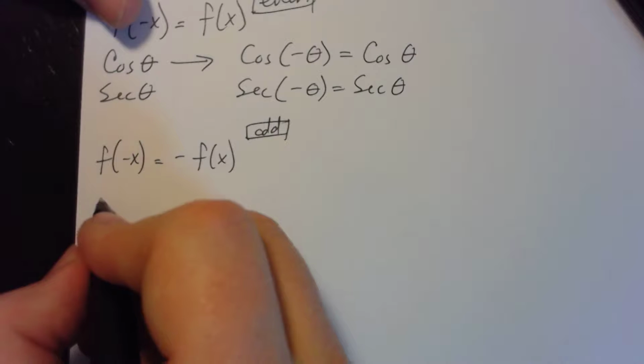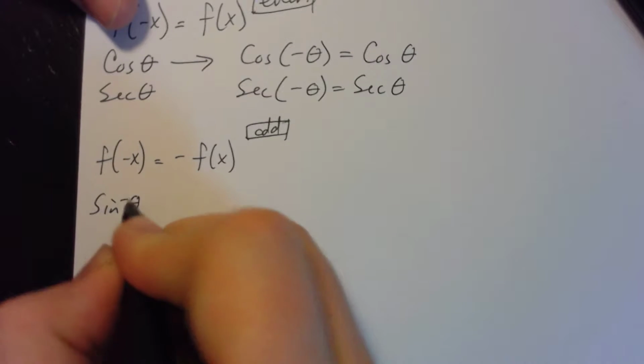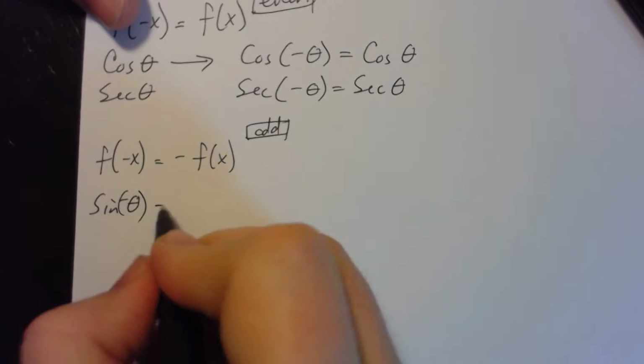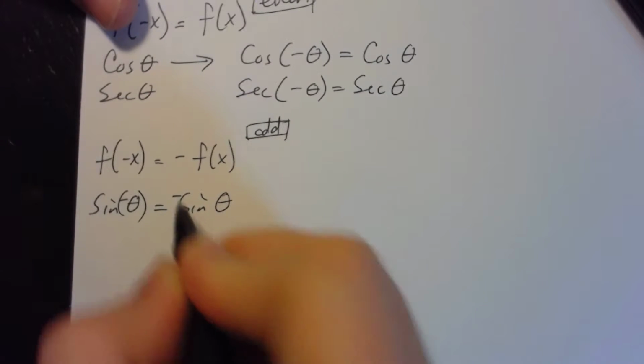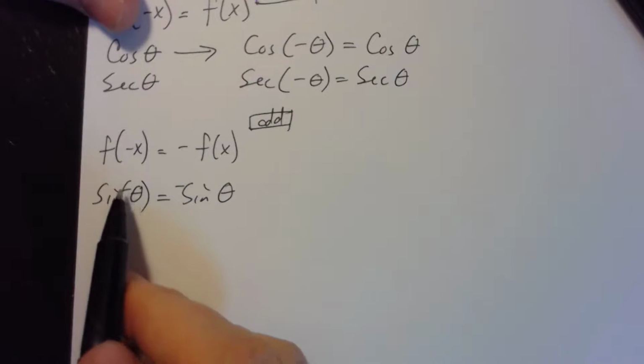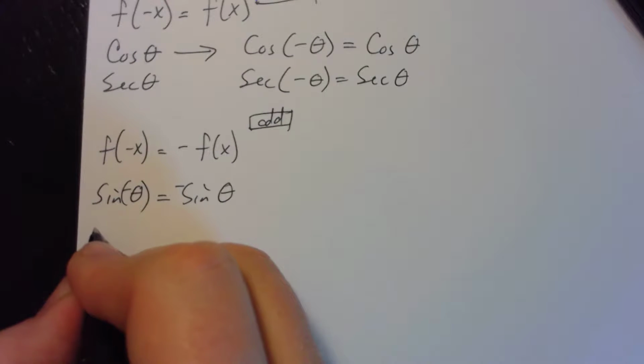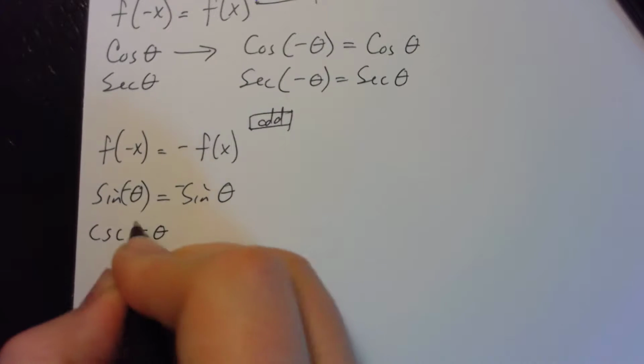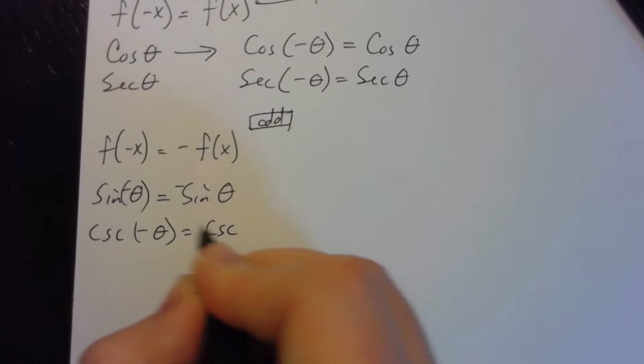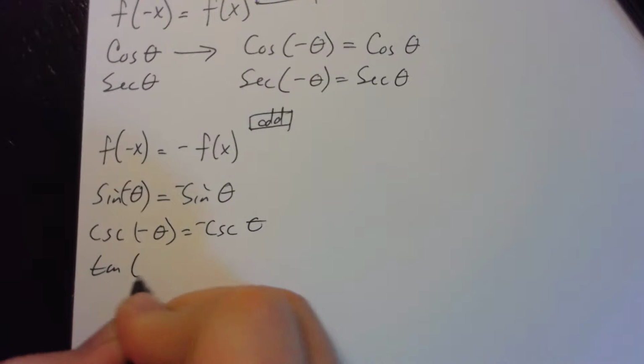All other trig functions, however, are odd. So the sine function, sine of negative theta, is actually equal to the negative of the sine of theta, with a negative sitting out front. So for sine, we can take that negative and actually pull it out front. This is also true for cosecant, its reciprocal. This is also true for tangent.